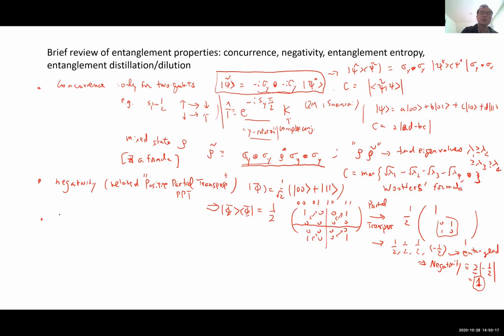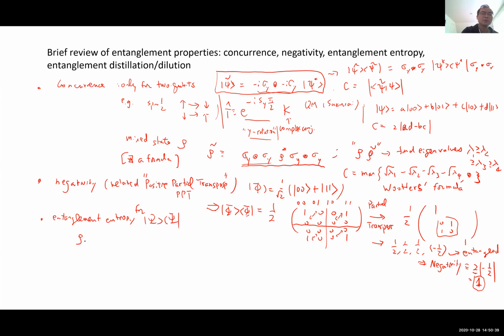And usually we also define something called entanglement entropy. This will be for two qubits, or in general for an arbitrary number of qubits in pure states.